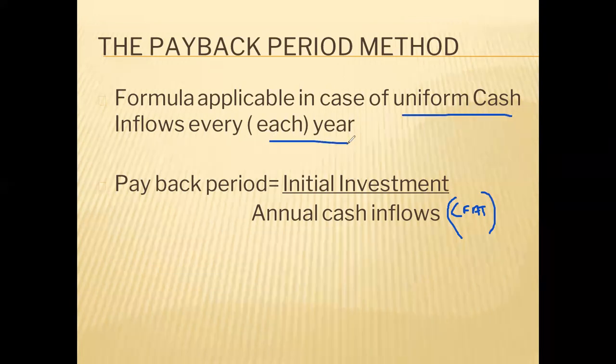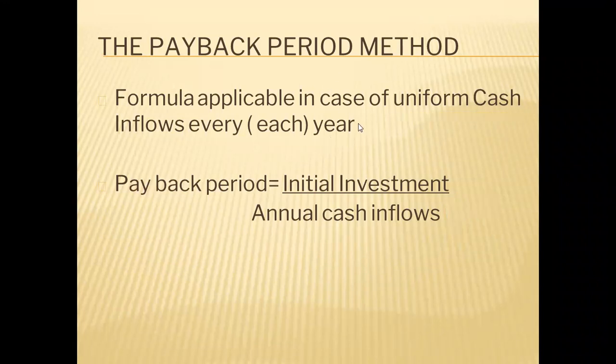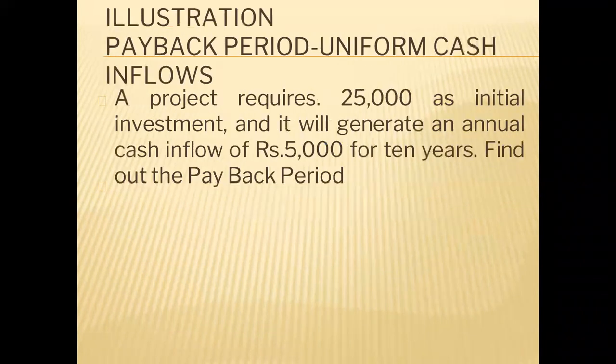Okay. So payback period method, formula is initial investment divided by the CFAT. And this formula can be applied only if the cash flow is uniform every year. Let us understand this with an example of a practical illustration. See, read this illustration.